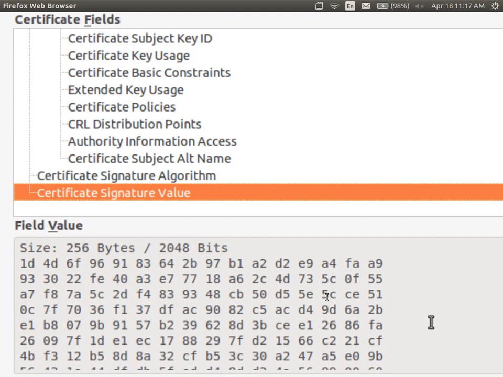The signature is the hash, encrypted hash, the private key of the authority, in this case Komodo RSA domain validation, that company, that specific key of that organisation. So the private key of the authority was used to encrypt the hash of all the other fields, and the result is these bits here. That is the signature.